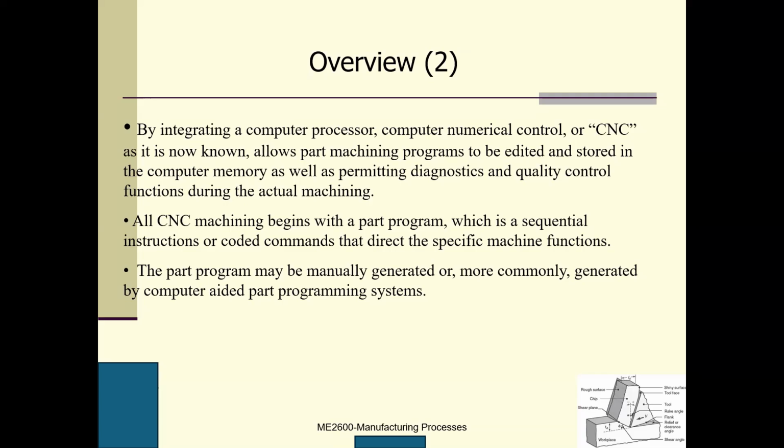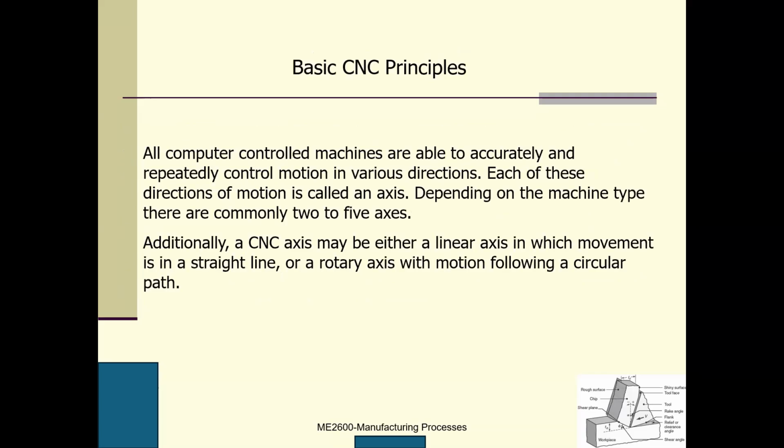This is about CNC: basic CNC principles. You know that the CNC will have a computer inside. All computer-controlled machines are able to accurately and repeatedly control motion in various directions. This is very, very important.